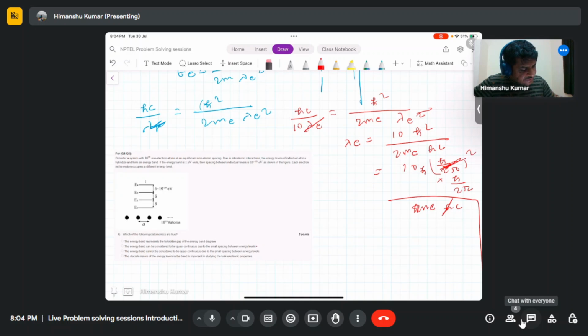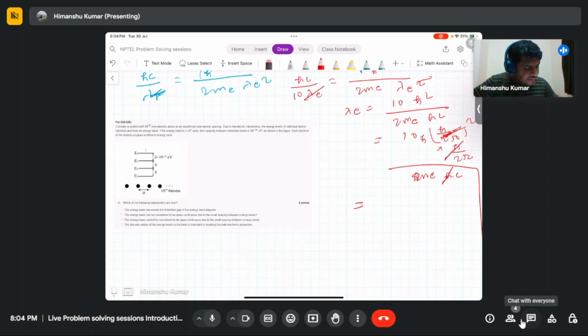So this h will get cancelled with this h. What remains is 10 h bar divided by 2 pi multiplied by 2 m_e times c. So this is your lambda_e.